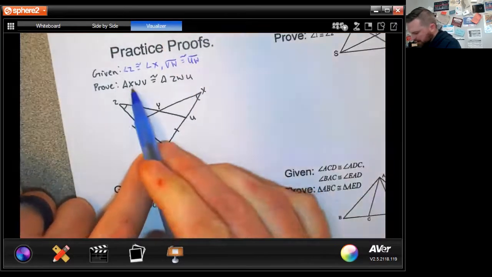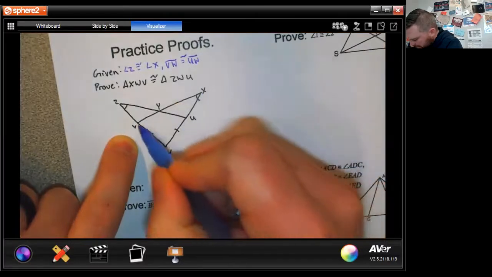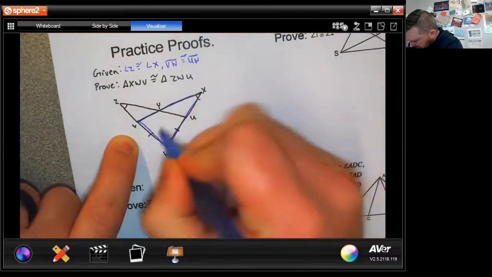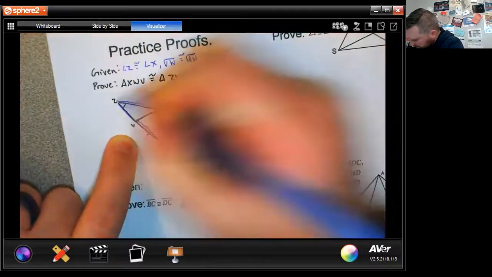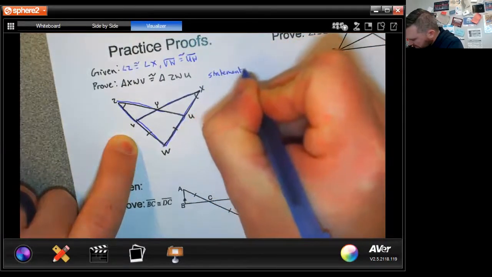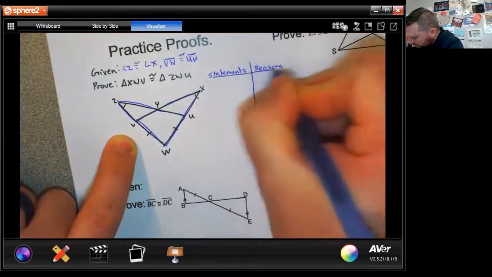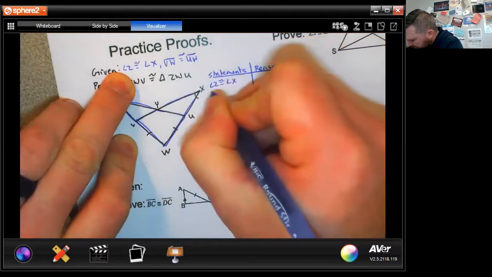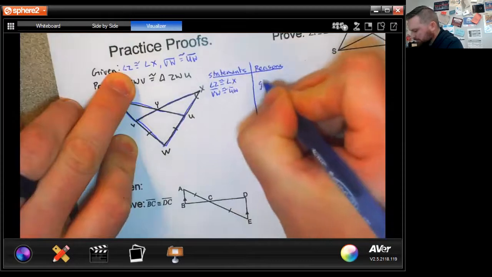And I'm trying to prove that XWV, so this triangle, notice I got an angle and a side, is congruent to this triangle. So statements, reasons. Okay, we'll copy down our given, angle Z congruent to angle X, VW congruent to UW, that is given.